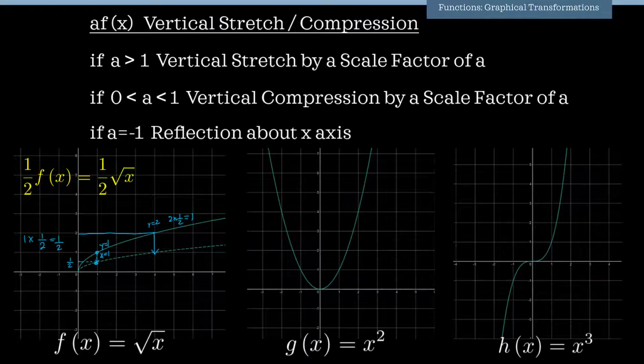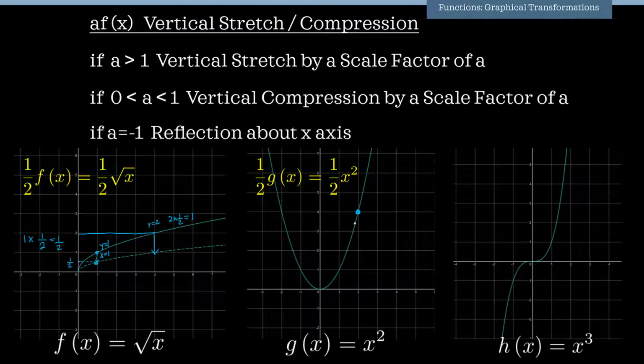Now let's look at what the graph of 1 upon 2 g of x is going to look like. Let's take this point over here on the function g of x, where the x coordinate is 2 and the y coordinate is 4. For this transformation, this point is going to move downwards because the value of a is less than 1 and we know it's going to be a vertical compression. So the y coordinate at this point is 4.